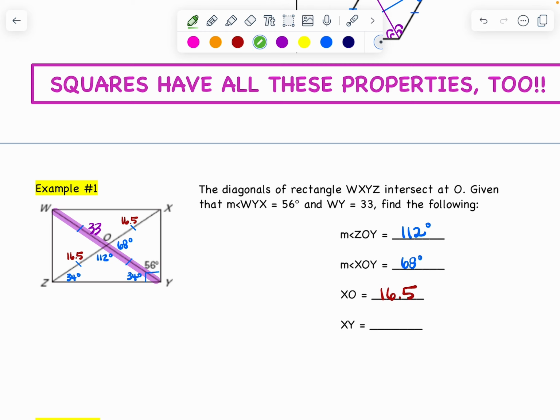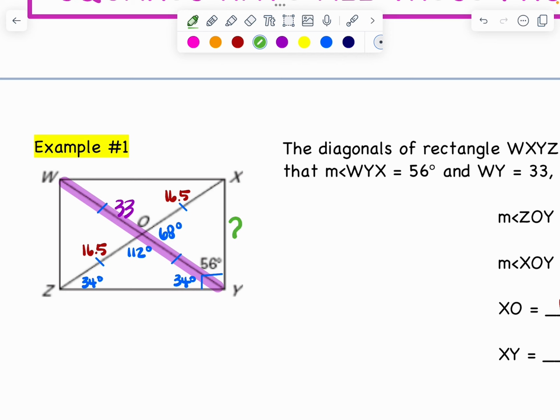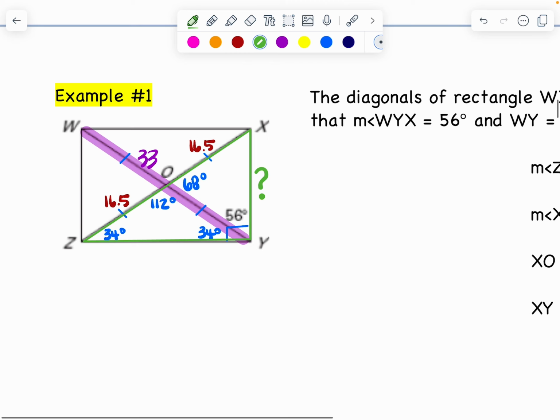All right. Then we need to solve for XY. Let me change colors here. So XY being this side. Well, that's not a diagonal, but it is the side of a right triangle, right? I'm going to kind of redraw that down here in case anybody needs that.